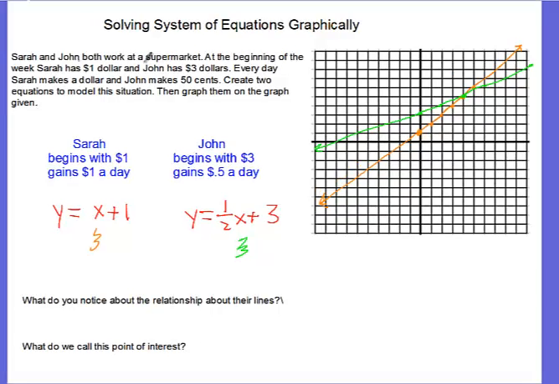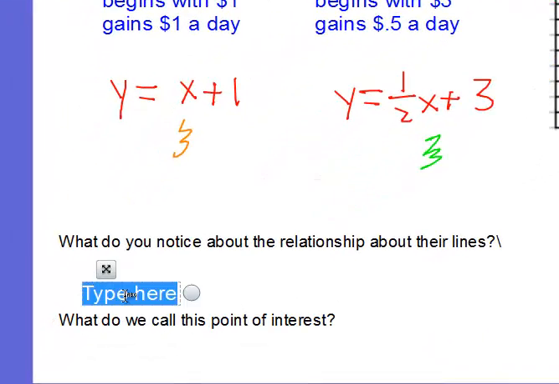All right, and now we want to find out what is common between those 2 lines. Okay, well, we know that both graphs intersect at this point, which is 4, 5. Okay, and that's a very, very important point. Because the next question down here says, what do you notice about the relationship between their lines?